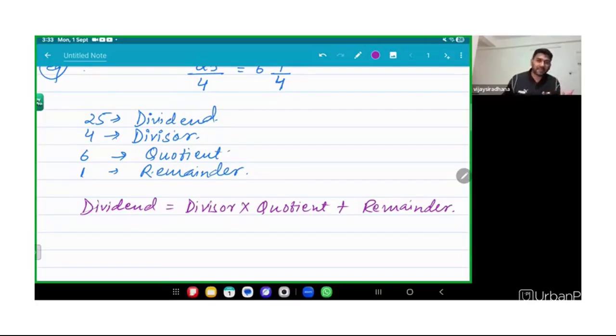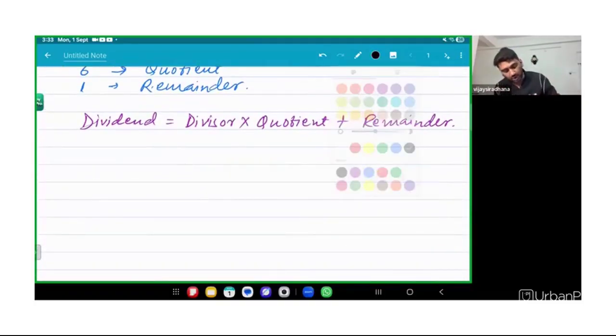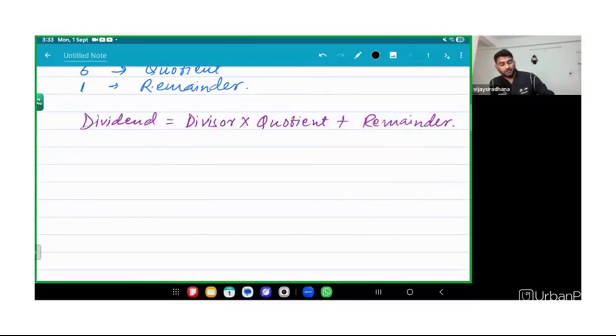In the same way, suppose we are dividing a polynomial, for example 3y cube plus y square plus y by y.